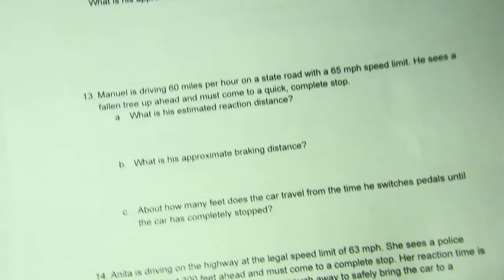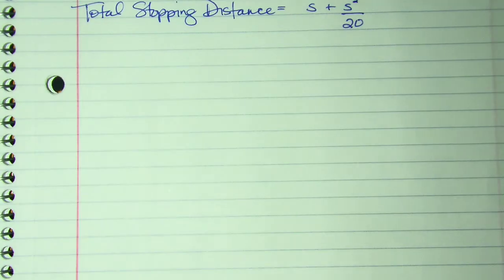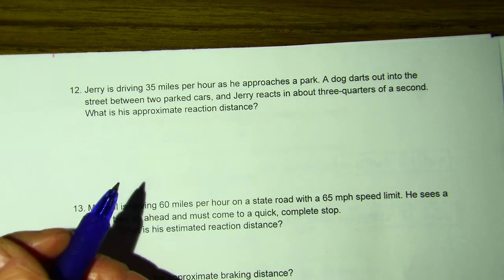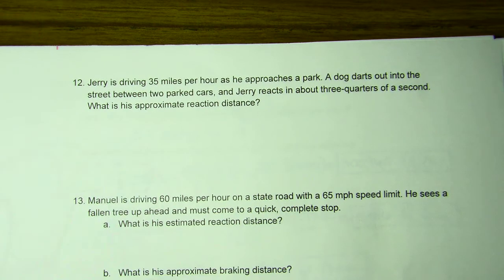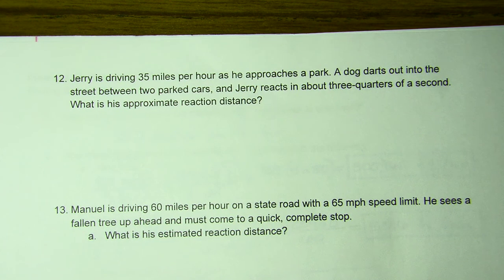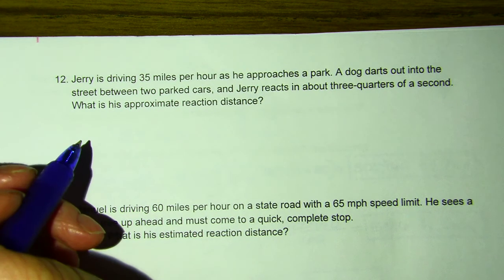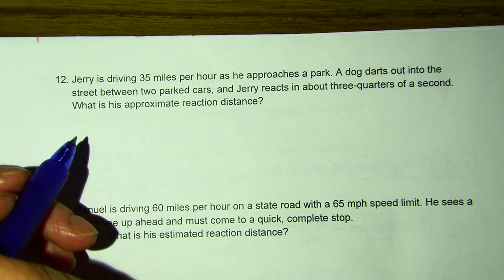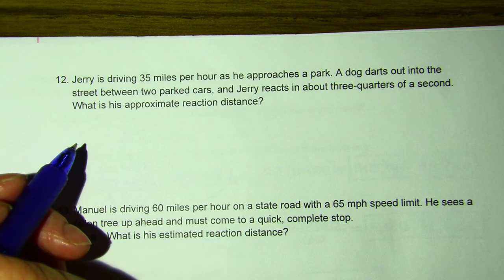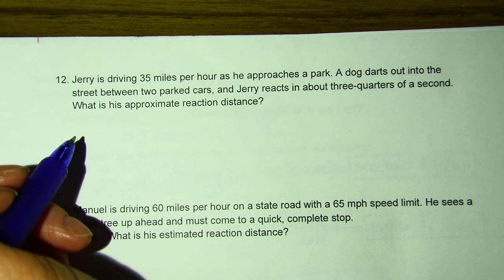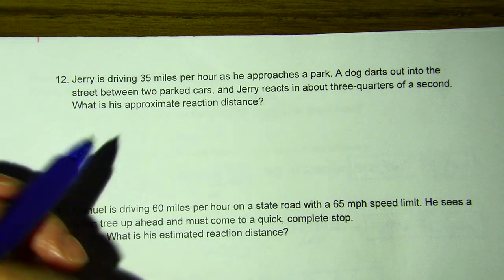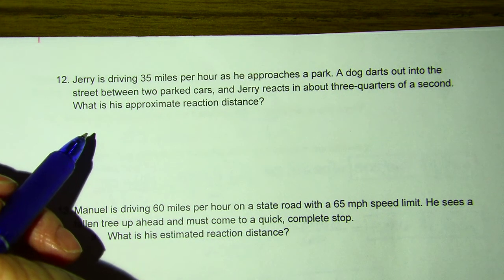All right, number 12. So now let's talk about real-world scenarios and when they're investigating our car accidents and figuring out how fast we were driving and if we have enough time to stop. So this says, Jerry is driving 35 miles per hour as he approaches a park. The dog darts out into the street between the two parked cars, and Jerry reacts in 3/4 of a second.